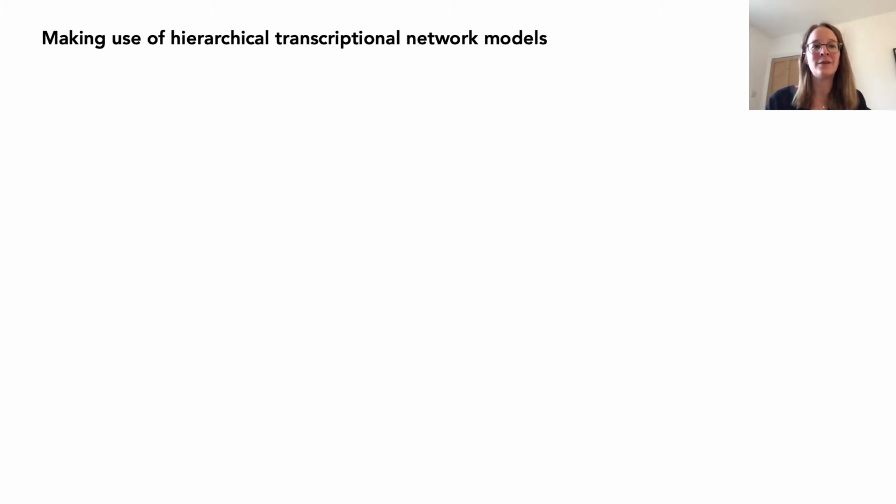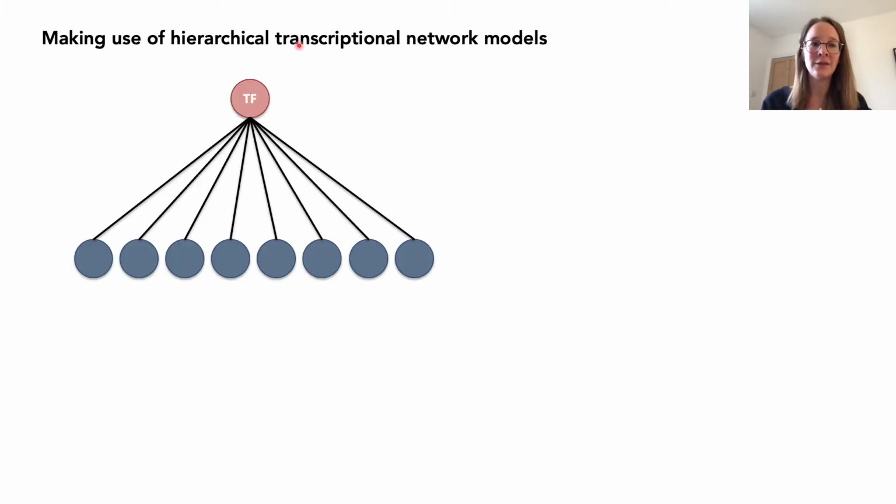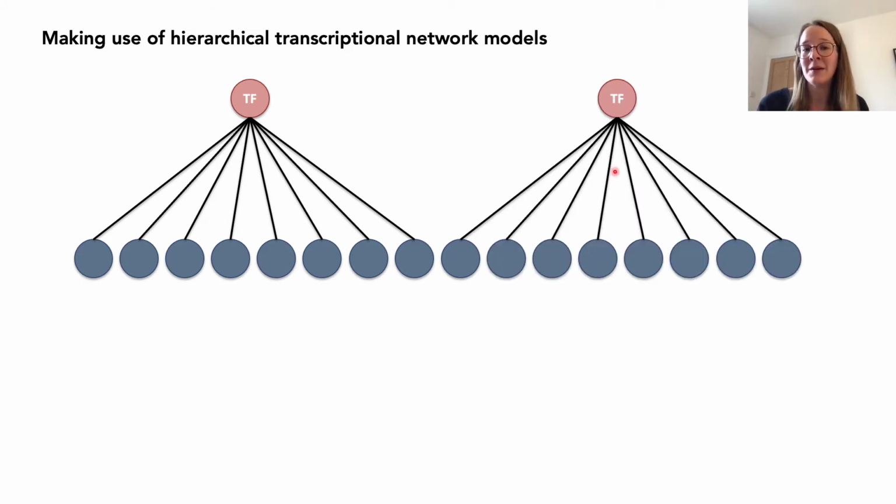I've mentioned that transcription factors regulate the expression of other genes. So if we have, for example, a transcription factor here, it might regulate the expression of a whole number of different genes. There might be another transcription factor that regulates a different set of genes.